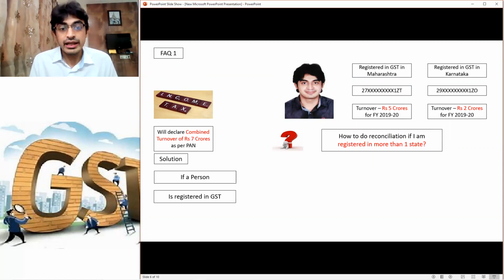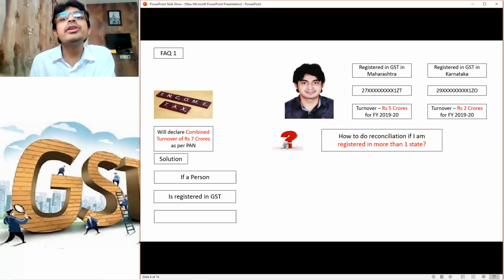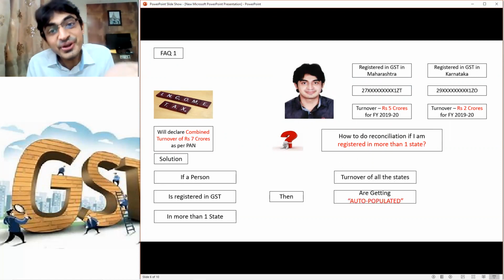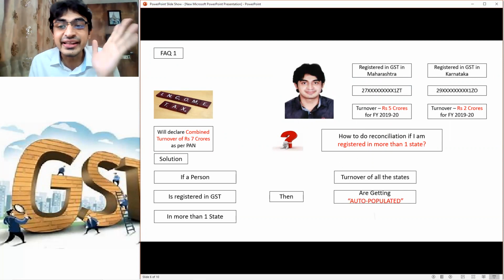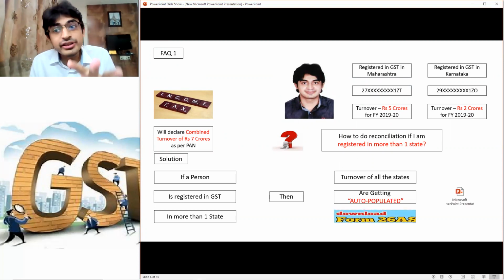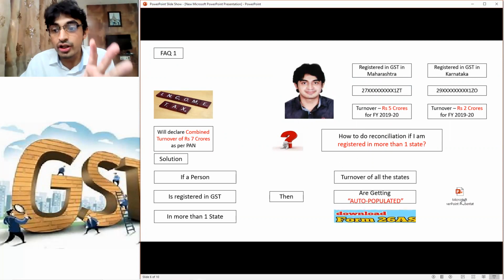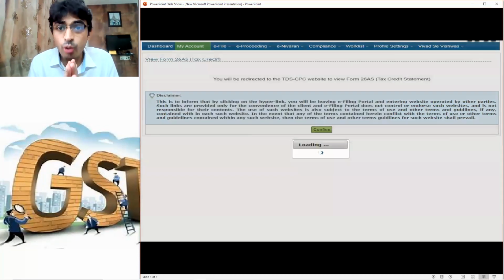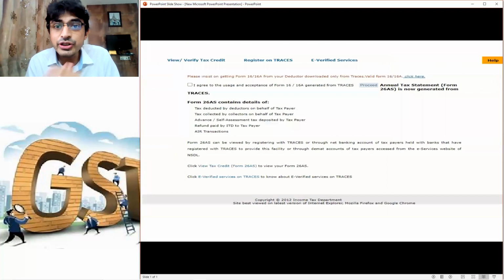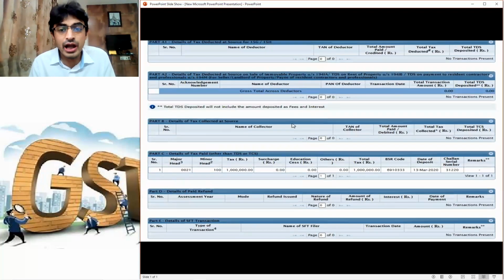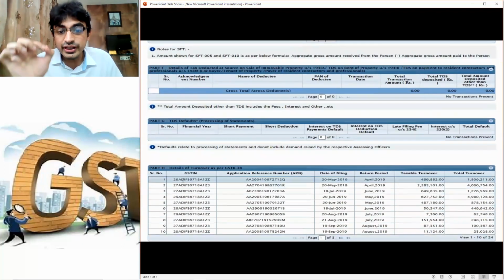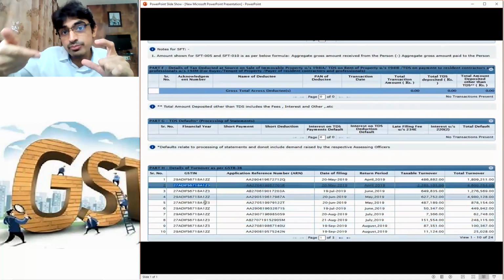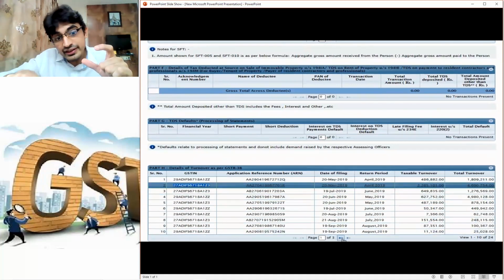If a person is registered in GST in more than one state, in 26 AS, turnover of all the states is getting auto-populated. All the states are getting auto-populated. So see, this facility is there. If you are registered in more than one state, if you open your 26 AS, come down, you will be able to see all the turnover. If you are registered in more than one state, you can see it.